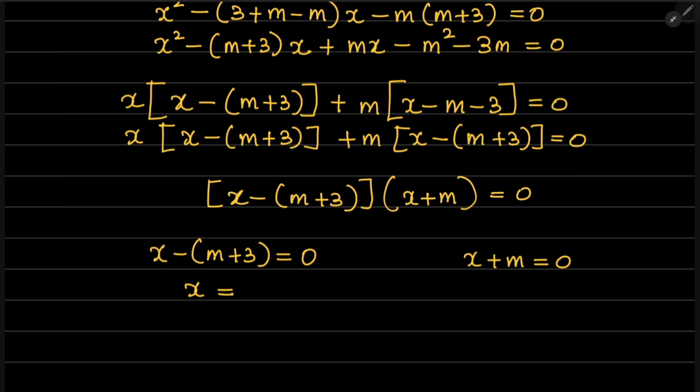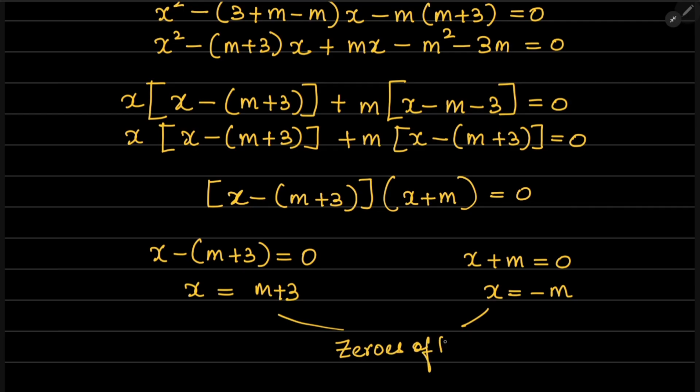And here it will be x equal to plus of m plus 3, because if it goes to the other side, minus will become plus. So this is one of the zeros, and the other zero is x equal to minus m. So these two are the zeros of the given polynomial.